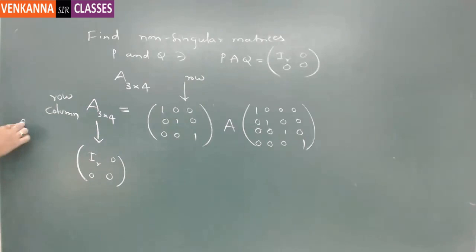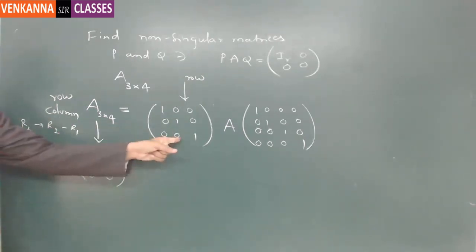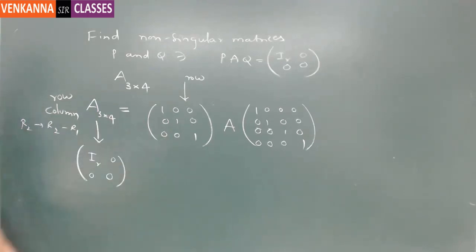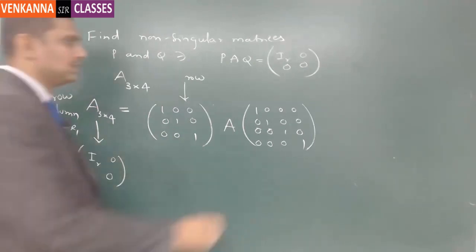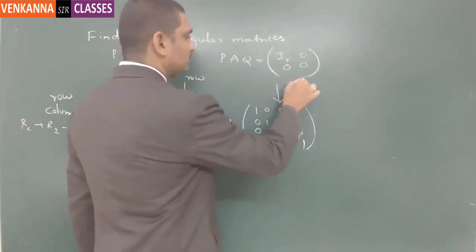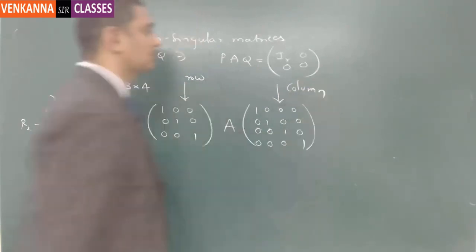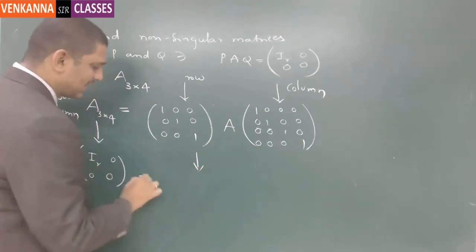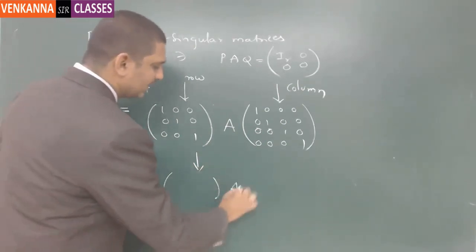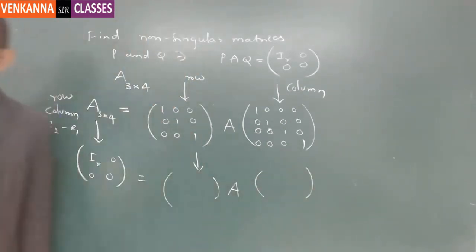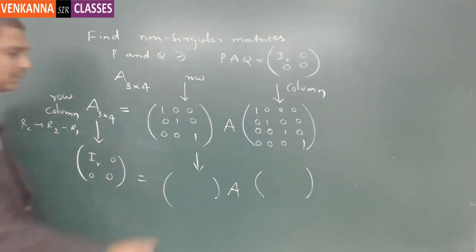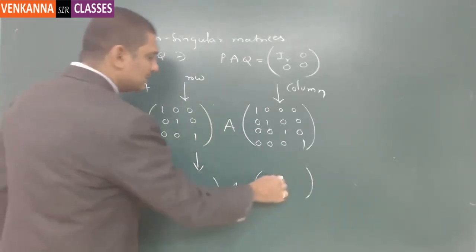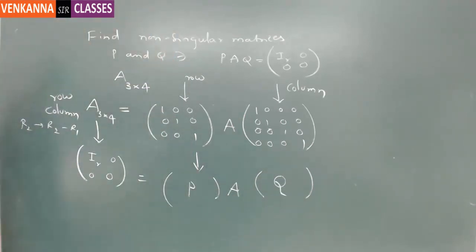If I say R2 goes to R2 minus R1, that will be applied here, also here. And whatever column operations we apply on A will be applied on the right identity matrix. So that you get a new matrix, and we call this the matrix P and this the matrix Q. Fine.